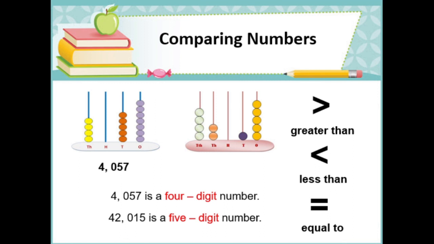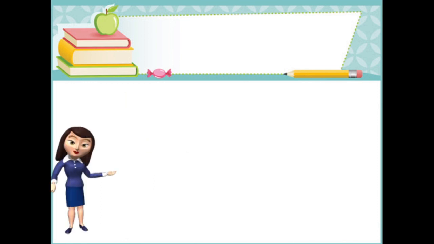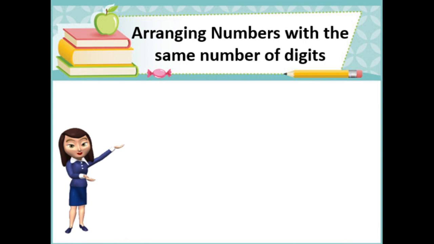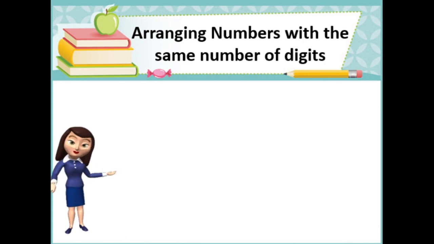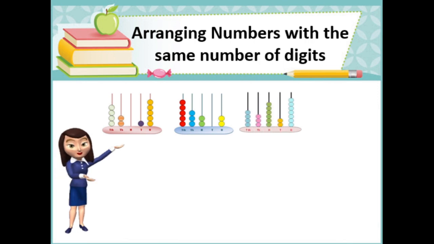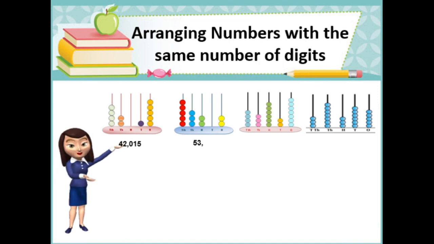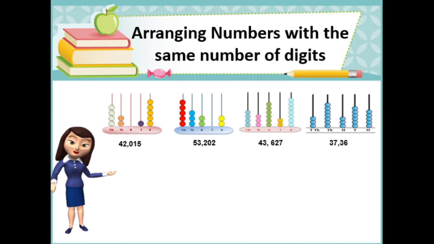The more number of digits a number has, the greater is its value. We also had arranging numbers with the same number of digits and different number of digits. How did we do arranging numbers having the same number of digits? All of the abacus on the screen has 5 digits.